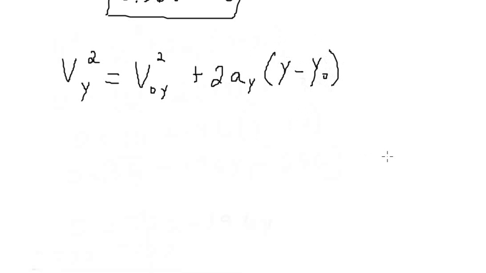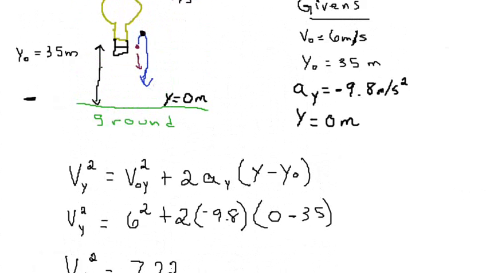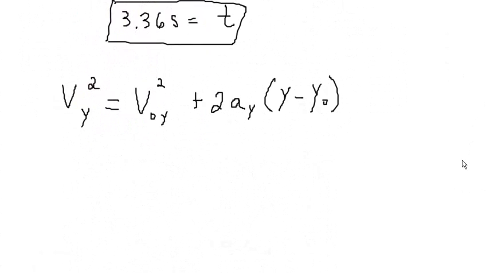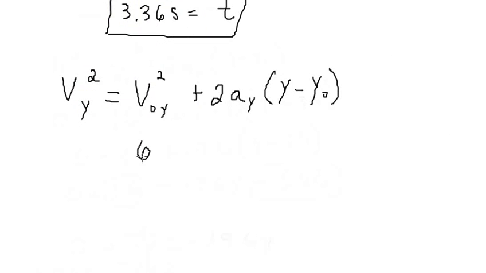Okay, so first I want to look at the initial velocity. What is the initial velocity of the book bag? The initial velocity of the book bag is the same as the balloon, which is 6 meters per second. So that is what I'm going to put there. 6 meters per second is the initial velocity.